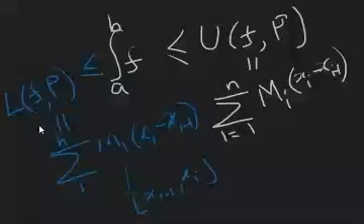So the thing is, the lower sum is less than or equal to the area under the curve over the AB interval, and we can say that this area over the AB interval is smaller than the upper sum of f corresponding to this partition.